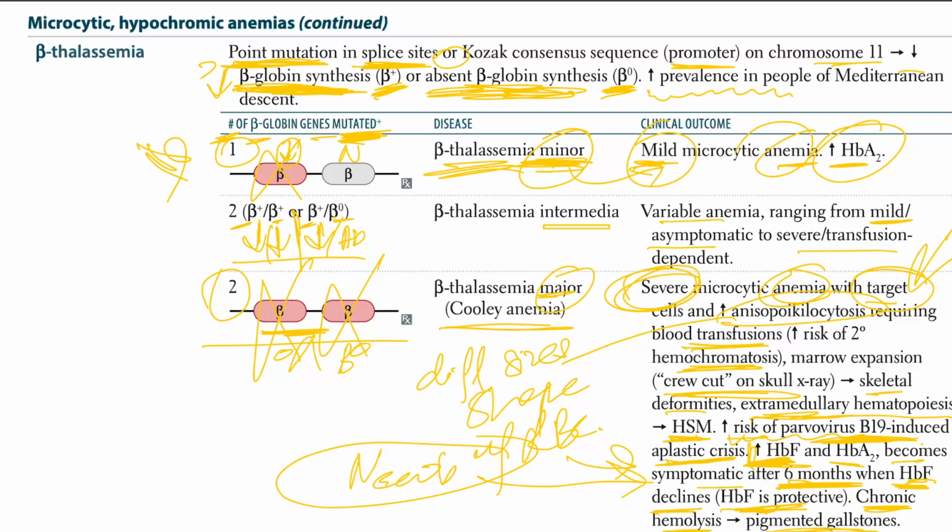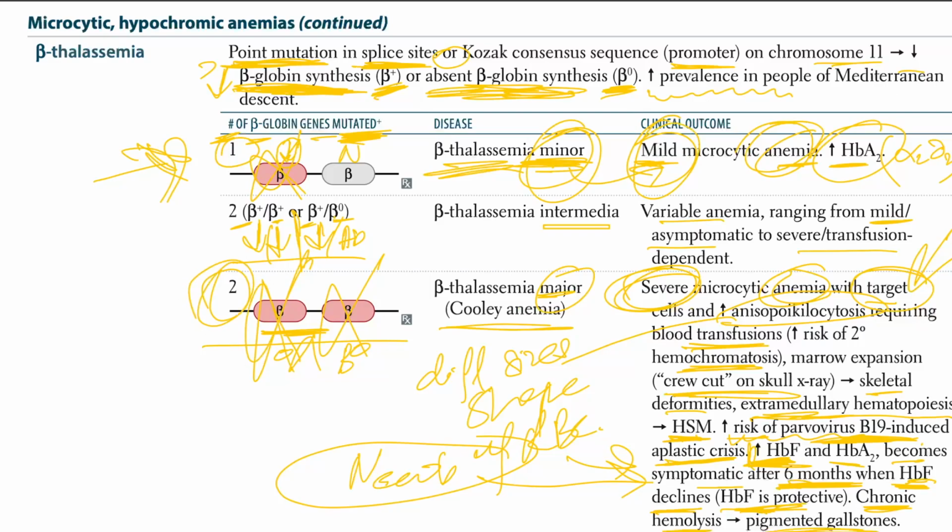And what was HbA2? HbA2 is alpha 2 and delta 2. So the first one, knocking out one, is beta thalassemia minor, with mild anemia.